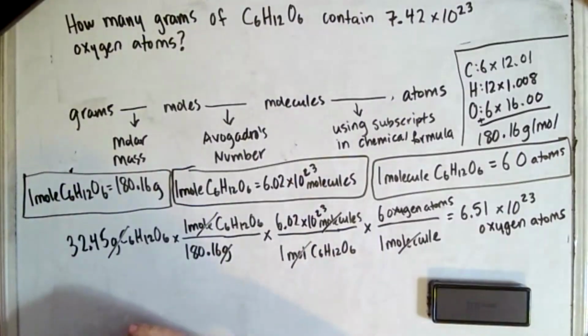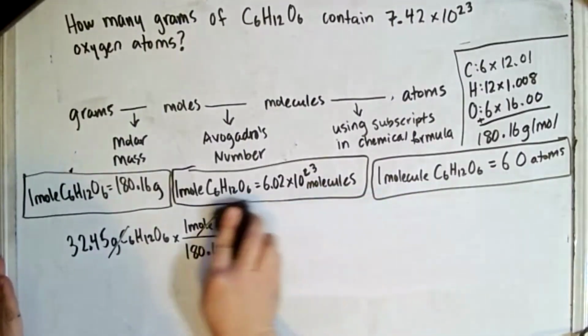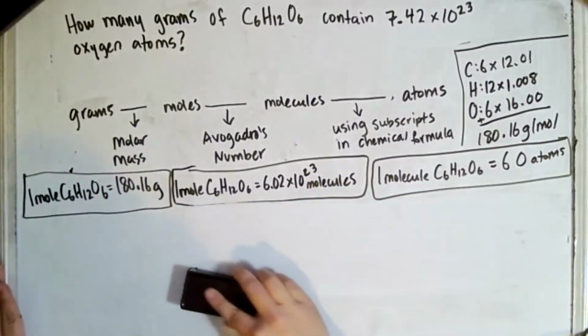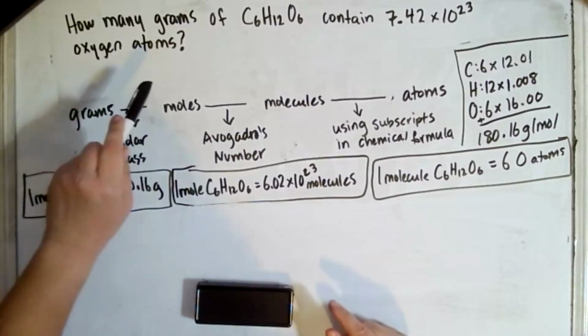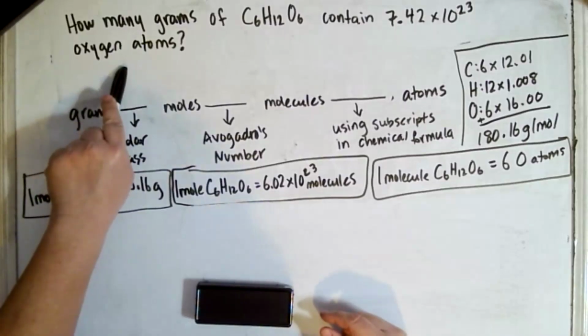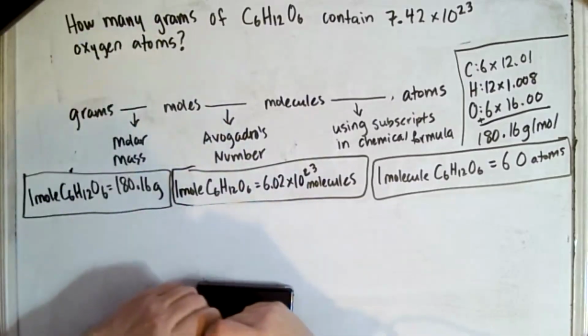All right. So in this case, they're giving us the number of atoms and they're asking us to work towards the number of grams, right?